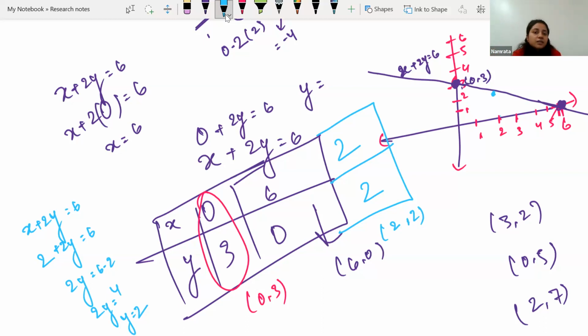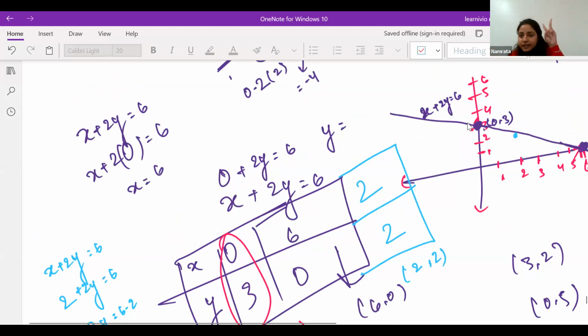Any approach will work. If you want, you can draw it by taking only 2 points, or you can draw it by taking at least 4 points, not more than 4. Okay, is it okay?